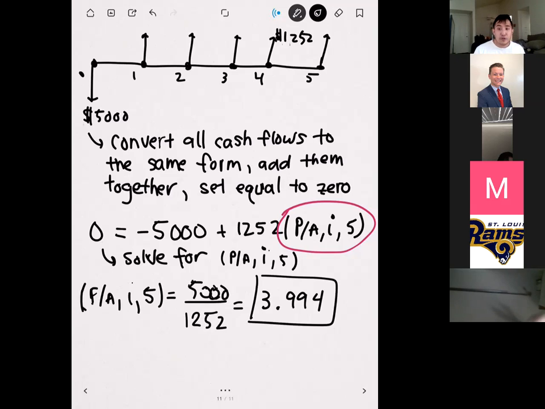And so if you want to solve this with the compound interest tables, all you have to do is look up in the compound interest tables and find the factor that's 3.994. Remember we're on 5 periods here, so you're checking the fifth row in the matrix.